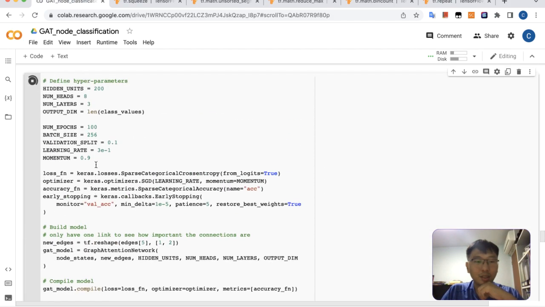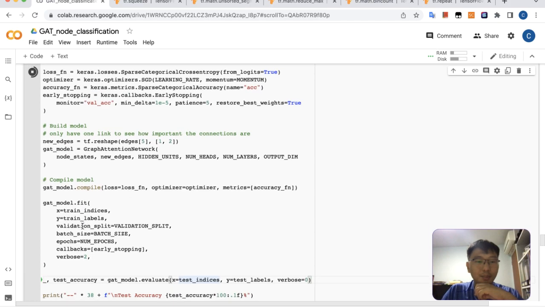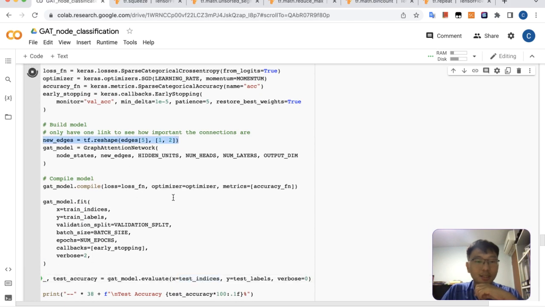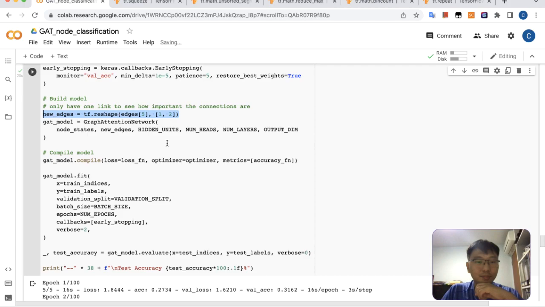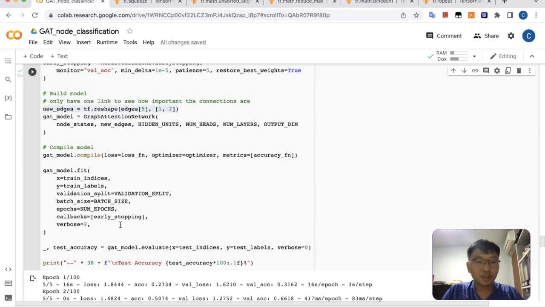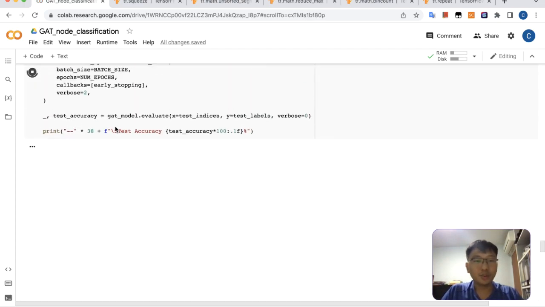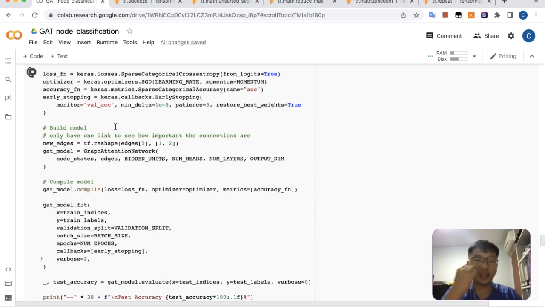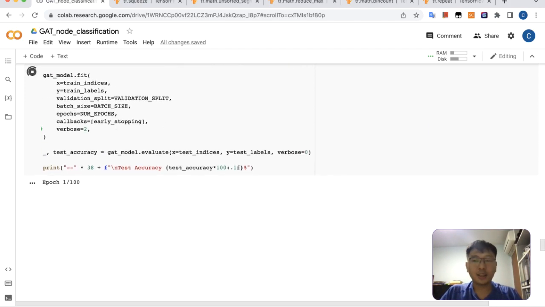And, oh no, we only have one link here. Okay, we only have one link because I removed all the links. Okay, so it's about 74%. So if, let's say, I were to use this as ages, which means that I don't remove the links, I use the full links. Okay, that was 34% if I remove all the links.